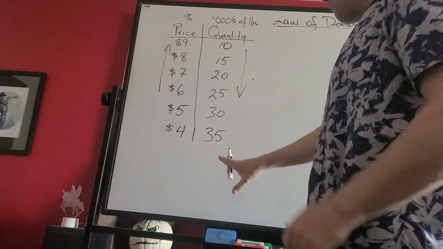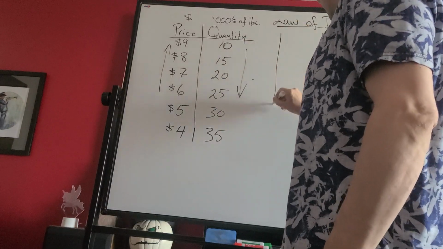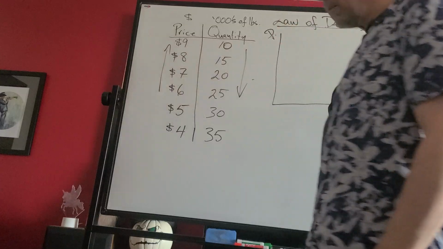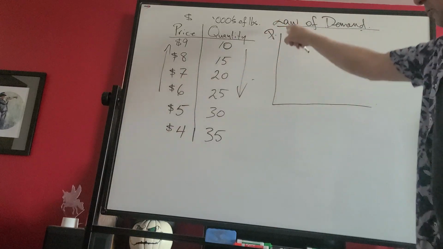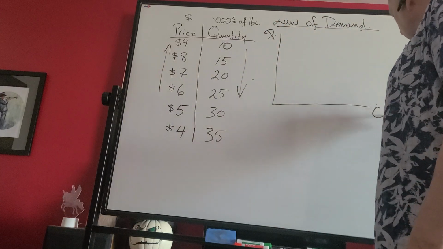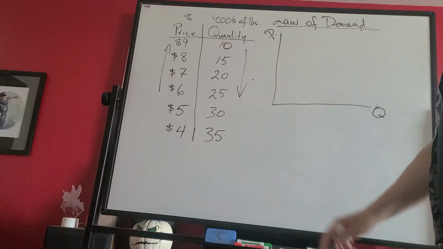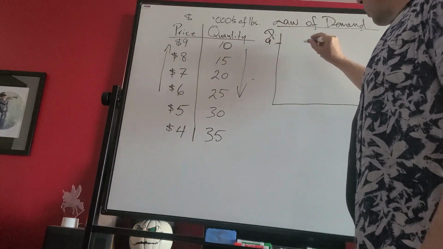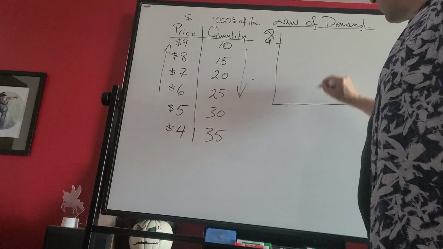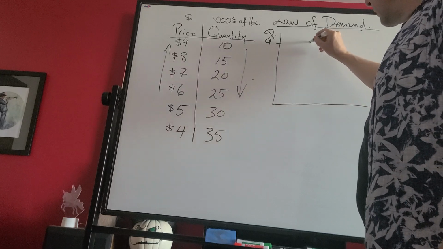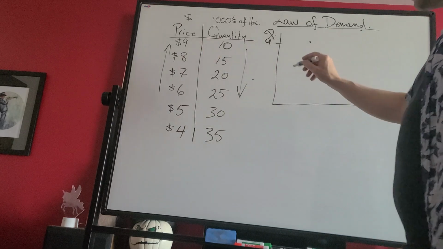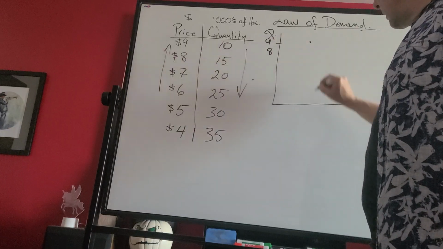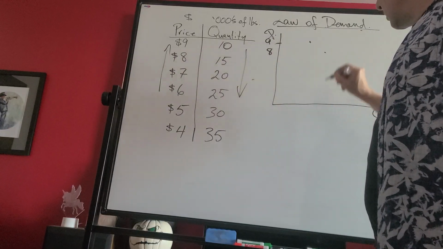And we can map this onto a couple of axes. If we put our price on the vertical axis and our quantity here, then at a price of $9, we're going to have 10 demanded. At a price of $8, you have 15.